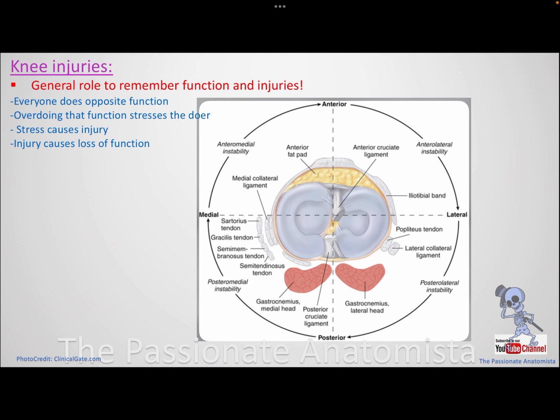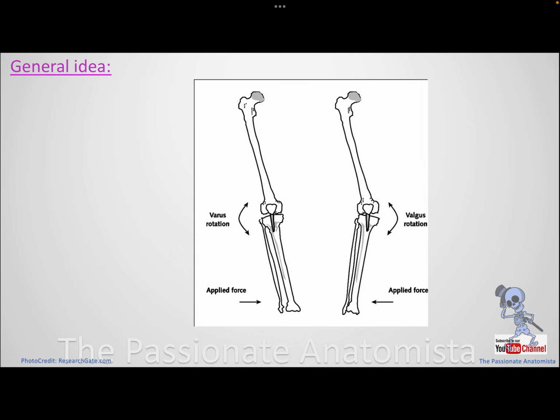If you try to stretch the ligament by doing the opposite function, you are going to injure the ligament. So the injury will cause instability in the function of that ligament. Okay, I know that this sounds kind of confusing. Let's go ahead and see the ligaments, and then we will understand what I mean.